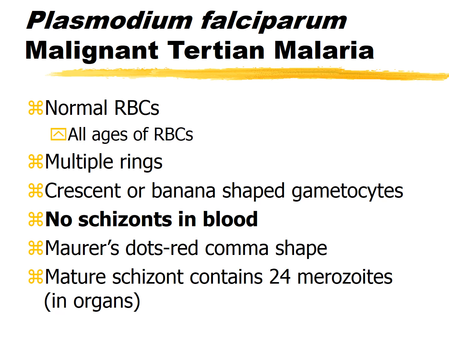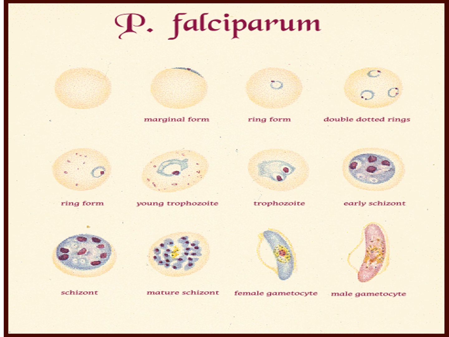There are no schizonts in the blood. It has what's called Maurer dots, which are red and comma-shaped. And the mature schizonts contain 24 merozoites, and because they're not in the blood, you'll see these in the tissue, like in organs such as the liver. These are the different forms of falciparum.